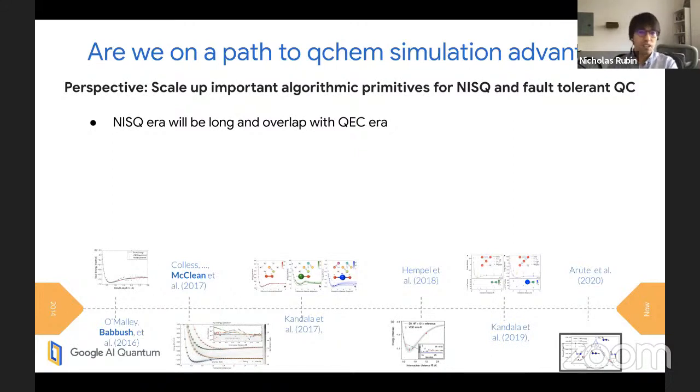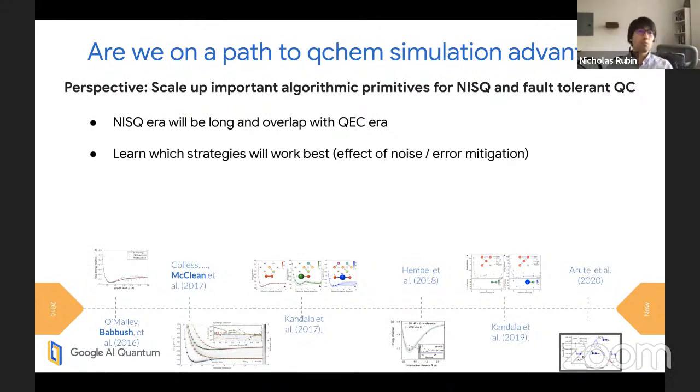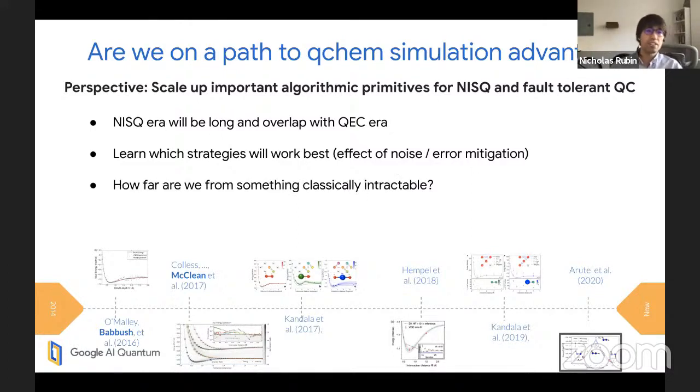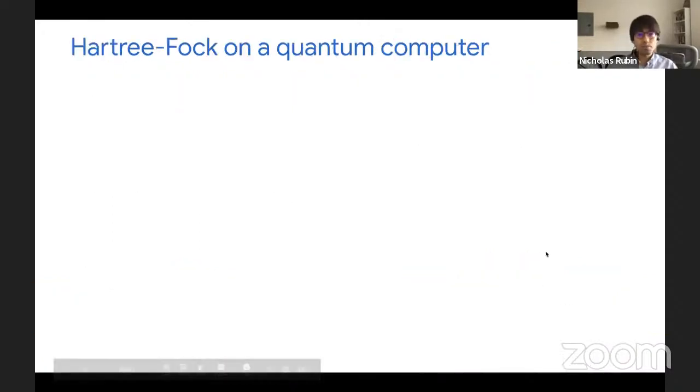And so it would be nice if we learned techniques that lowered the threshold or improved the likelihood that we could run one of these error correcting codes earlier in time, instead of maybe a decade. Coupled to that, we want to learn which strategies are going to work best and the effect of noise and different types of error mitigation. And then ultimately, we want to answer how far are we from something that is actually classically intractable.